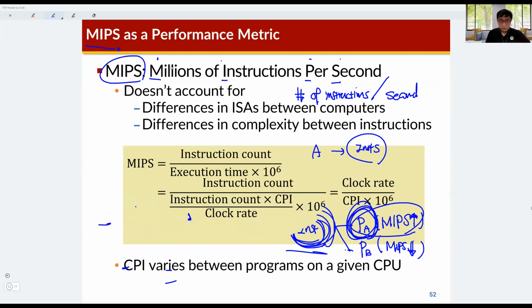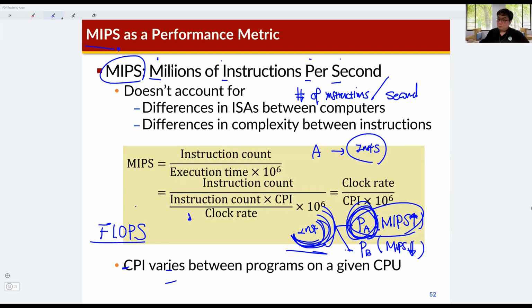Actually, we frequently use a performance rate metric like FLOPS. It's the number of floating point operations per second. This FLOPS metric is very important for measuring the performance of high performance processors, such as GPUs or high performance CPUs, because recently machine learning applications, other parallel processing applications, and scientific applications are very important.